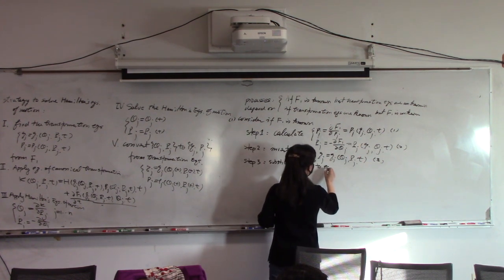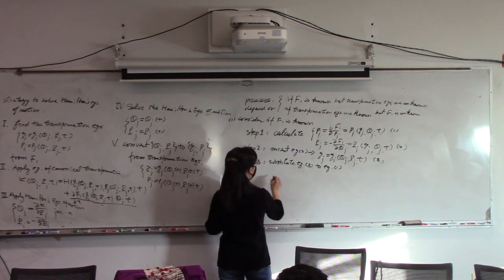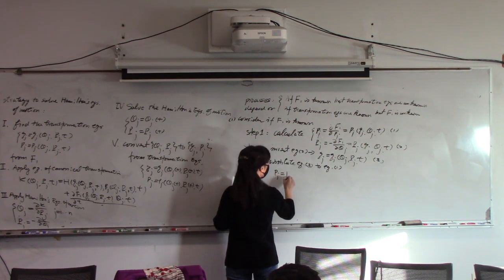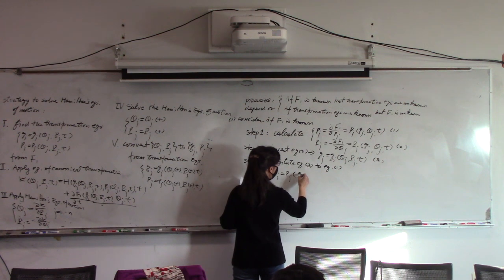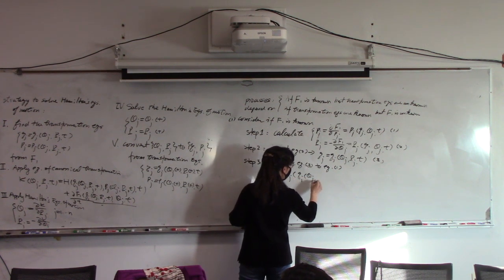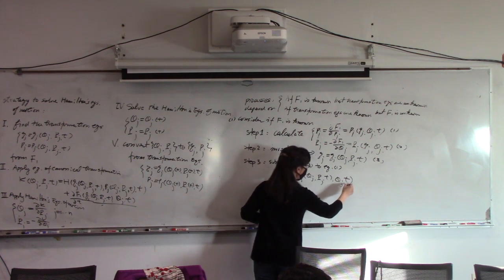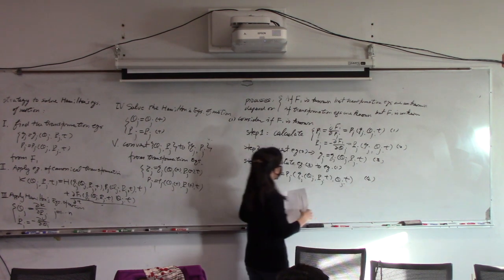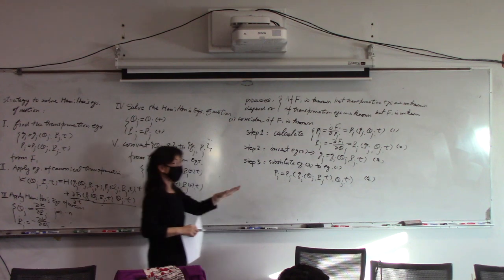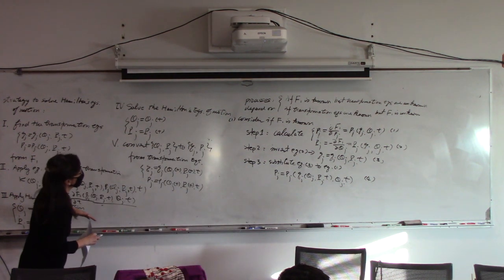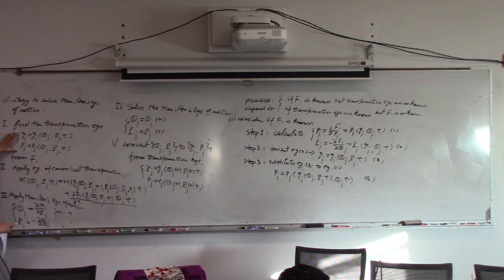To equation 1. Then in equation 1, Pj is a function, but Qj now is a function of capital Qj, capital Pj, t, and capital Qj and t. So that is equation 4. So these two, up to step 3, we have reached this goal.